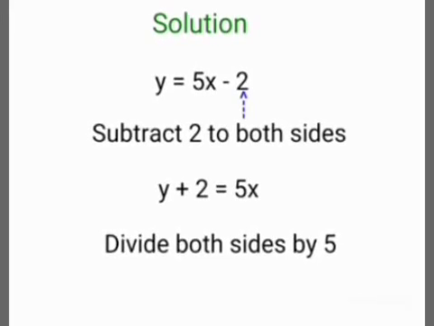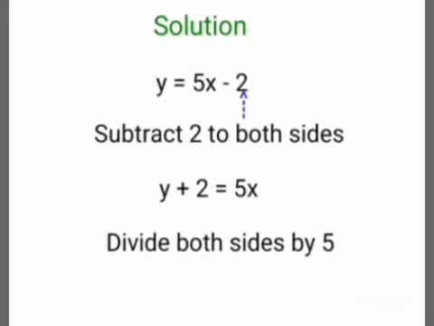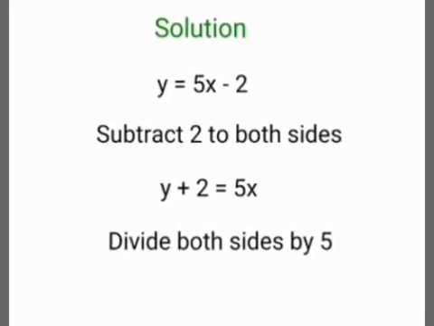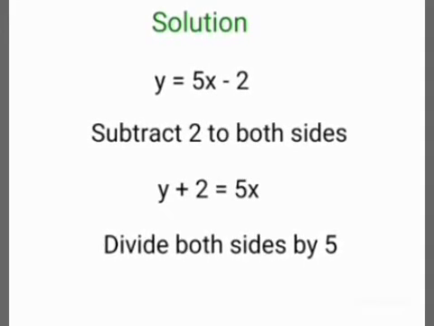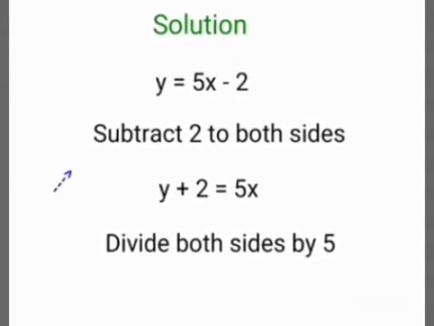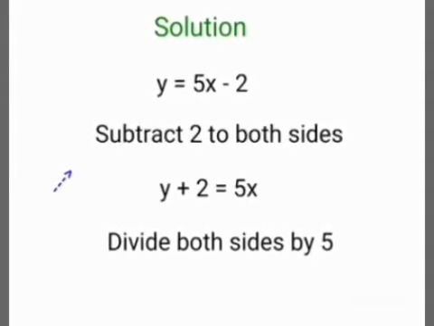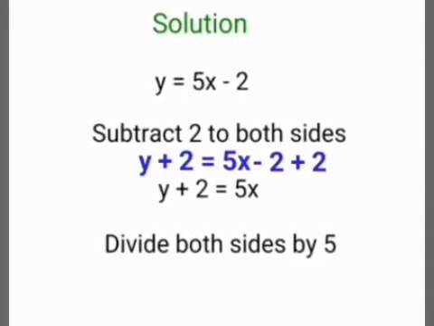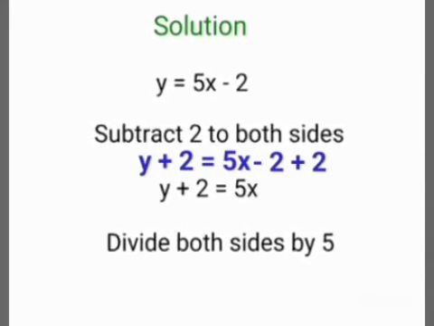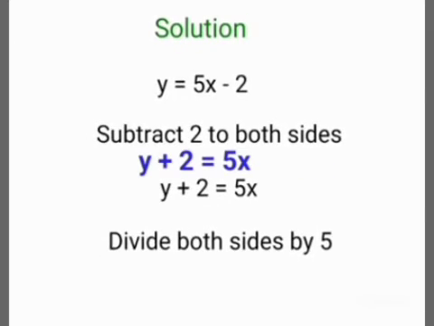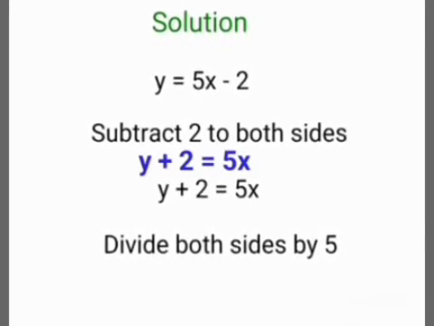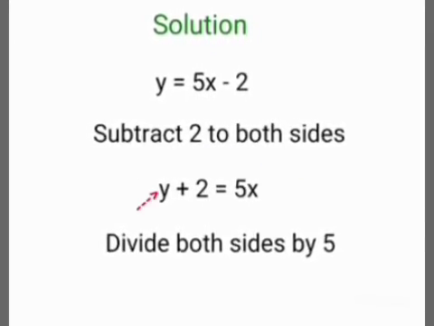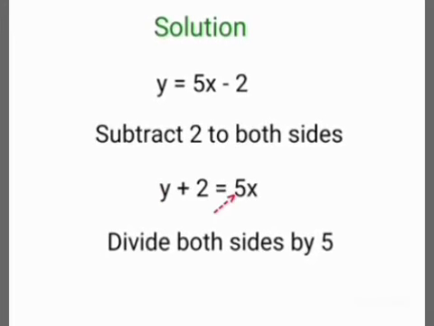Minus 2 will move over to the other side. To do this, add 2 to both sides of the equation. Minus 2 plus 2 gives 0. Hence, our new equation becomes y plus 2 equals 5x.